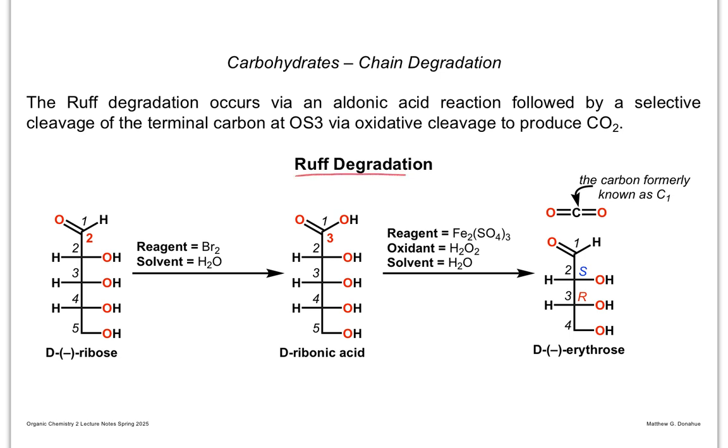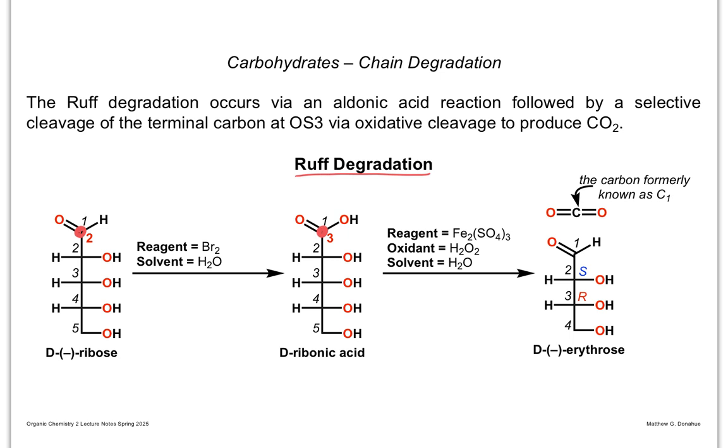So the Ruff degradation is a two chemical step strategy. The aldehyde carbon gets oxidized up to the carboxylic acid. So that's the aldonic synthesis there. So you're at oxidation state 3 now.